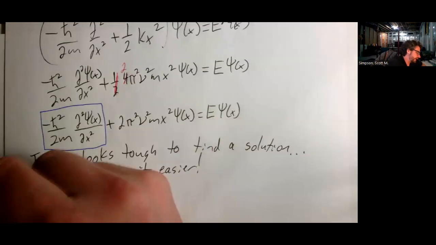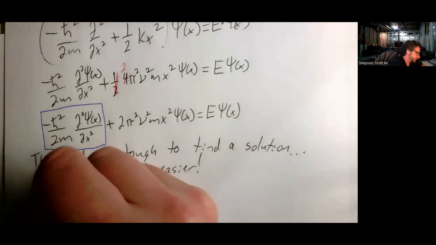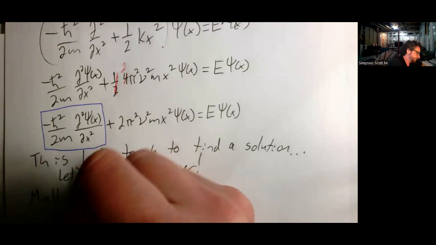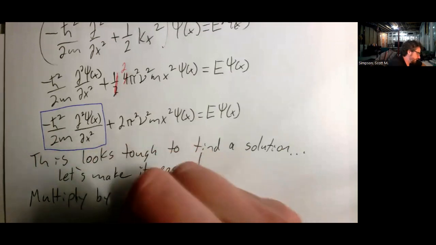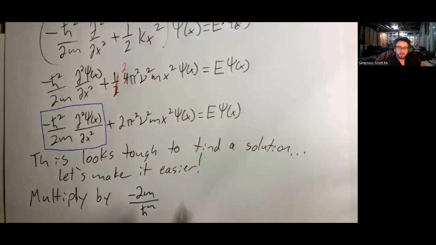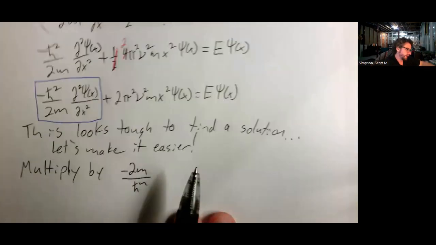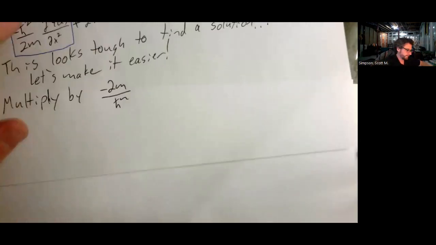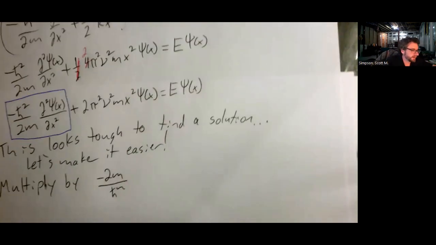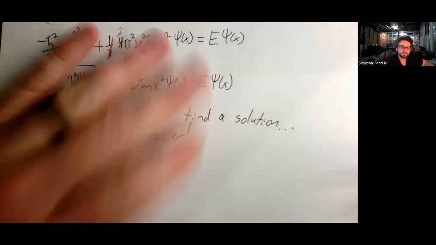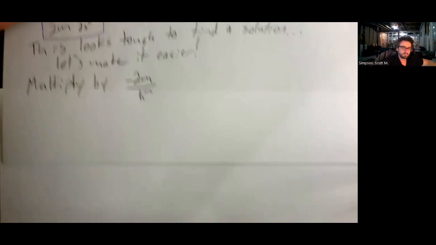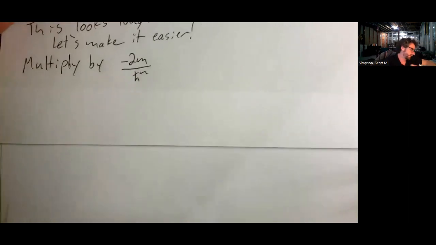So let's multiply by negative 2m over h bar squared. So we're going to multiply this thing. Sorry, trying to get this board to move that tissue box out of the way. Okay.